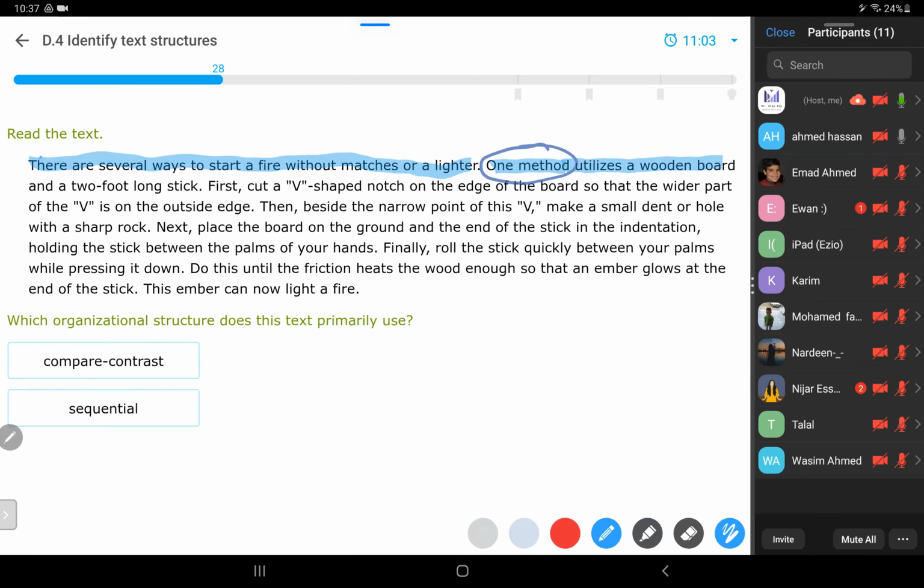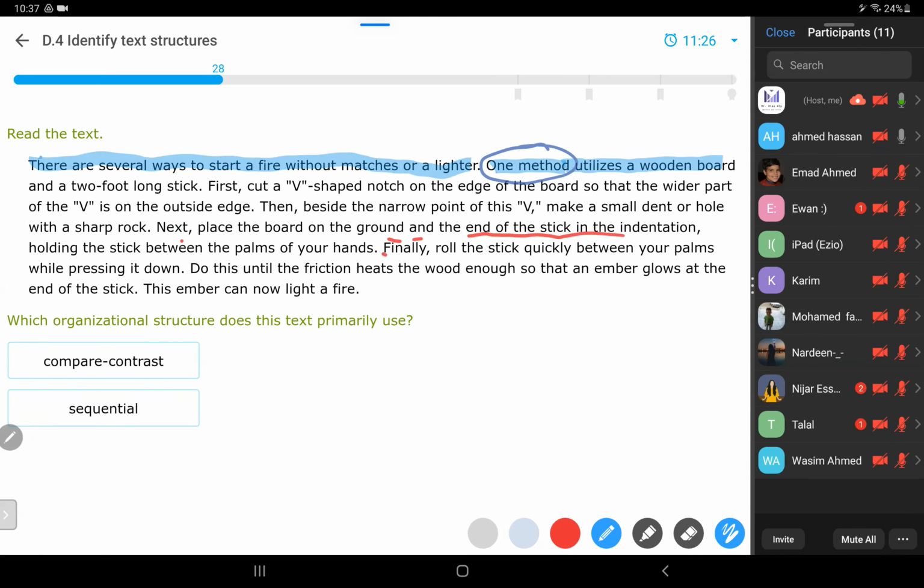First, cut a V-shaped notch on the edge of the board so that the wider part of the V is on the outside edge. Then beside the narrow point of the V, make a small dent or hole with a sharp rock. Next, place the board on the ground and the end of the stick in the indentation, holding the stick between the palms of your hands. Finally, roll.